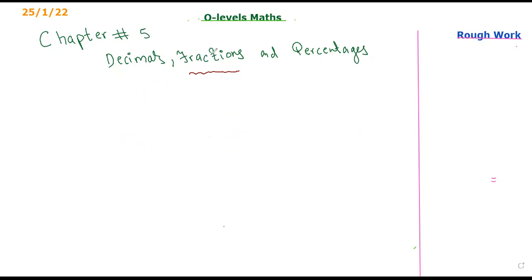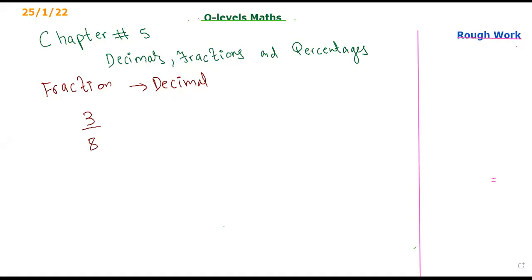Okay. So let's say we talk about going from a fraction to a decimal. We have an example. Let's say we have 3/8 and we want to convert it into a decimal number, right?